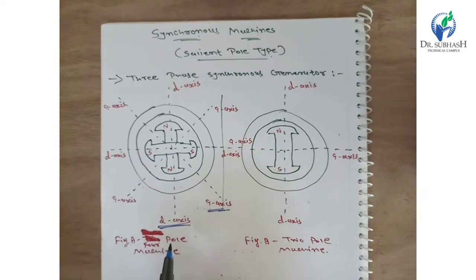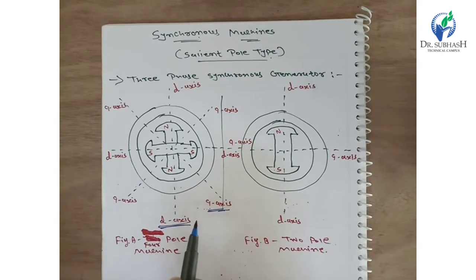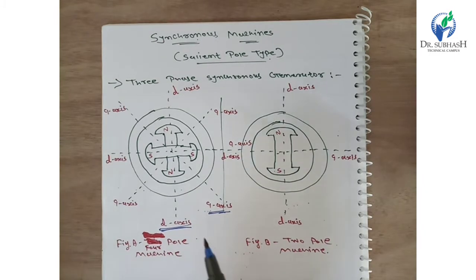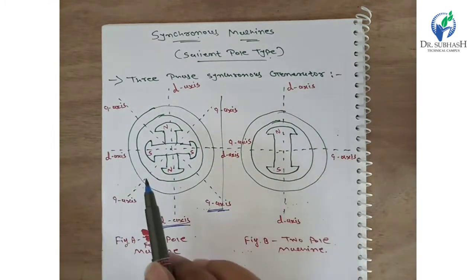The quadrature axis is generally 90 degrees electrical away from the direct axis, the D axis. The direct axis and quadrature axis of the 2-pole and 4-pole salient pole type synchronous machine are shown in this figure.